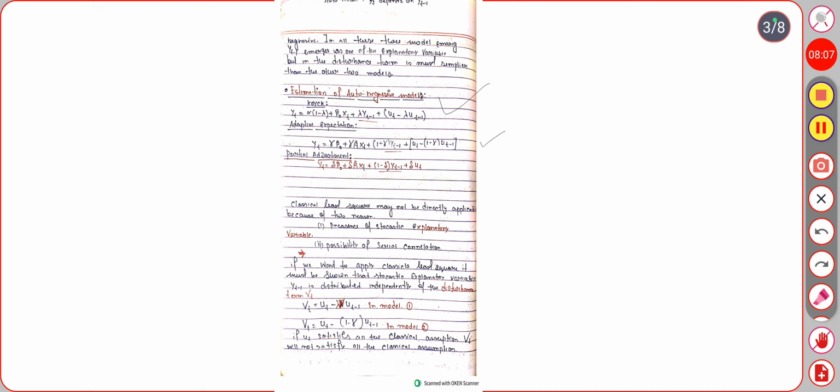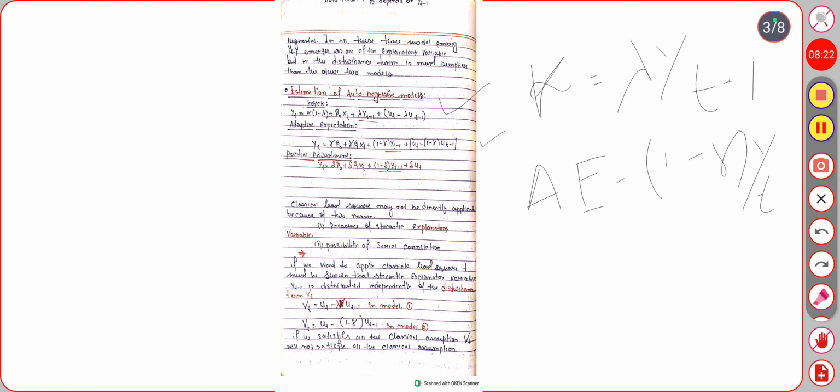So ultimately the Koyck model considers lambda yt minus 1, the adaptive expectation model considers 1 minus gamma yt minus 1, and the partial adjustment model considers 1 minus delta yt minus 1.